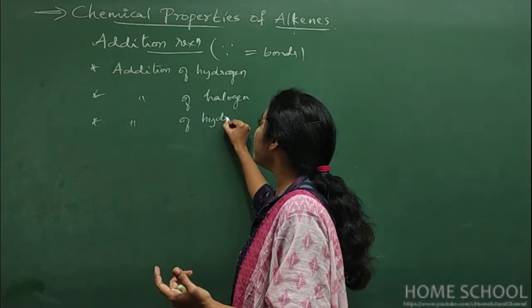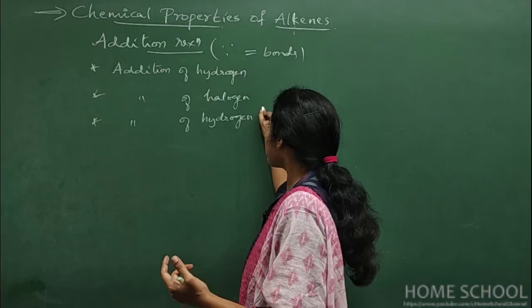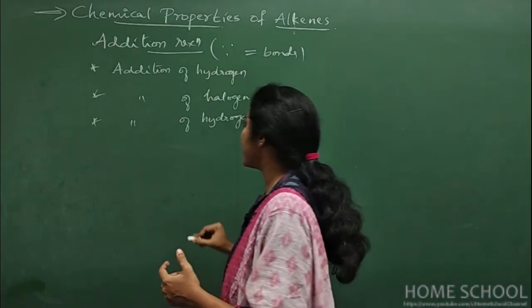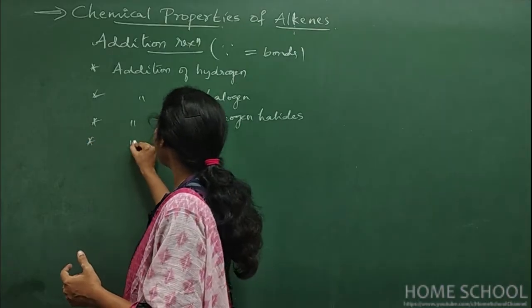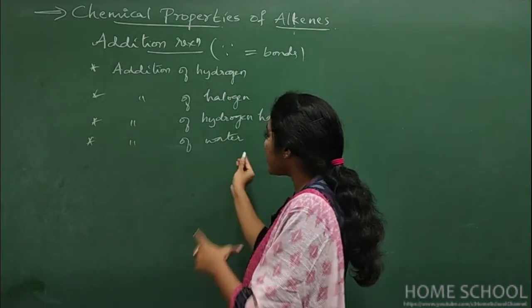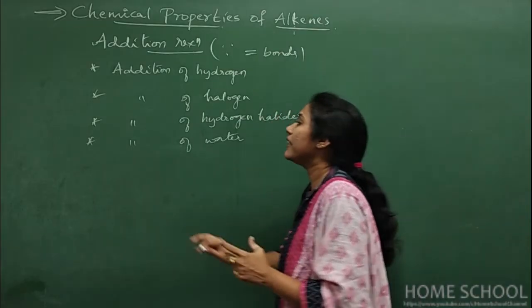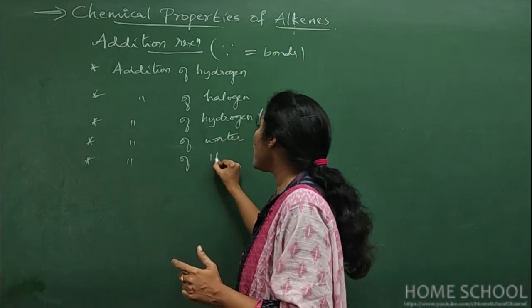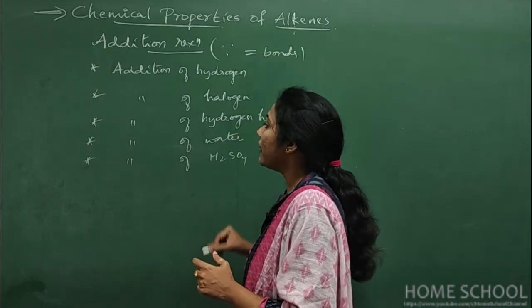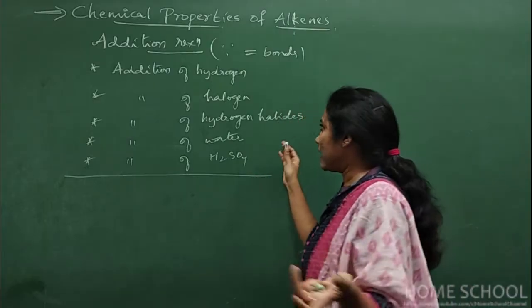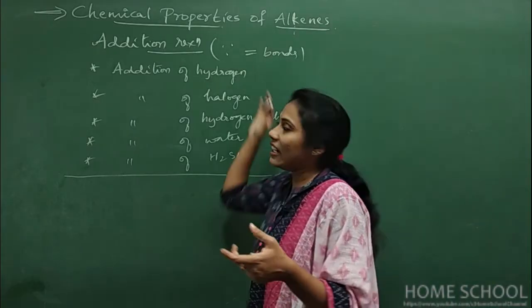This is a very important reaction that you have to concentrate on, addition of hydrogen halides. And next you will study addition of water. Just like hydrogen halides, you can add water to alkene. Not only that, you will also study addition of sulfuric acid. Okay, so these are the different addition type reactions that you will study with alkene.